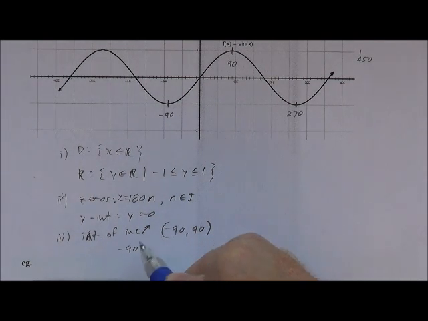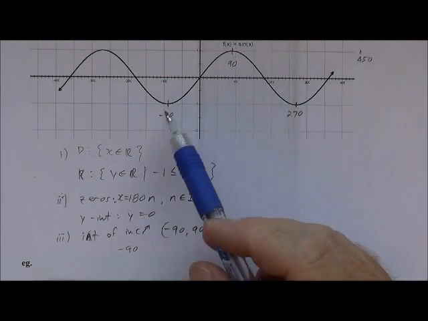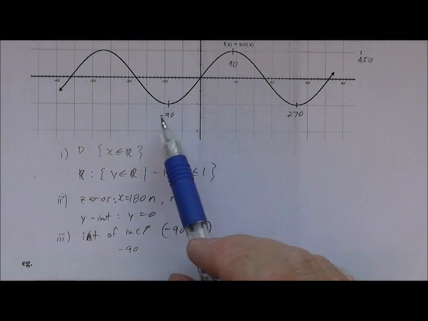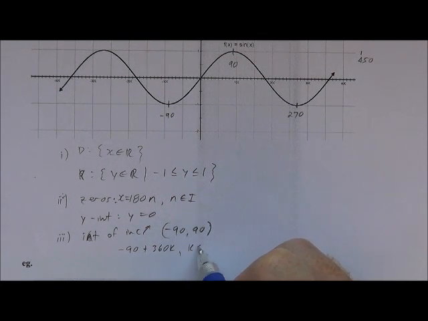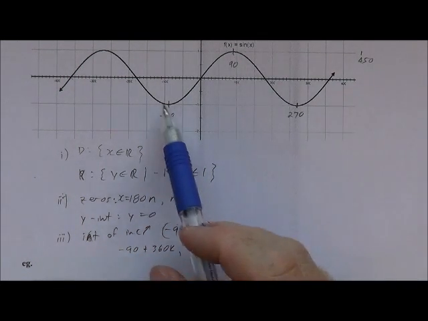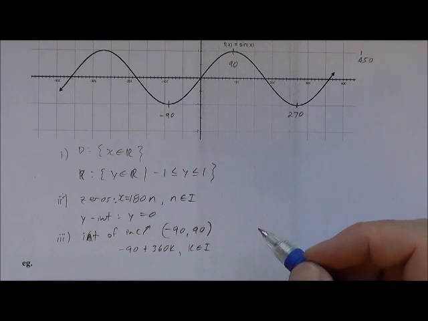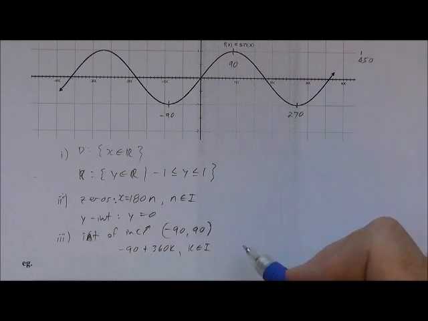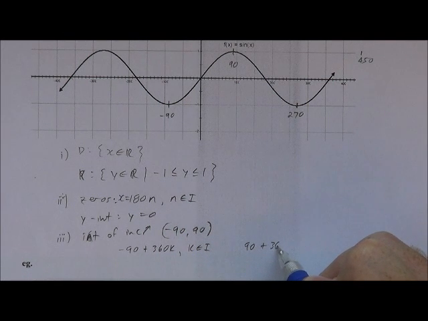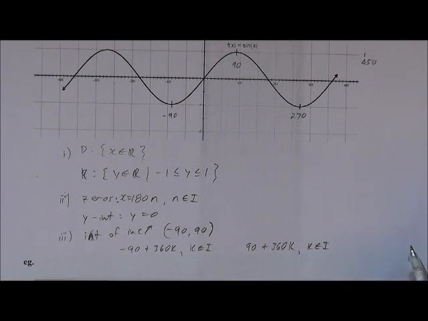So it's negative 90, and it repeats every 360 degrees because the wavelength keeps repeating. So it would be negative 90 plus 360k, where k is an element of the integers because it could be negative. And for the end of the interval of increase, it's positive 90, and again that repeats every 360 degrees, where k is an element of the integers.